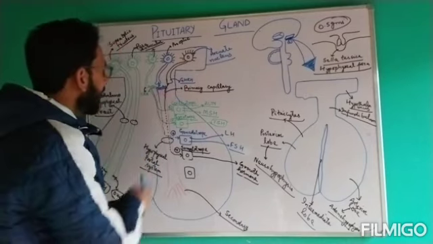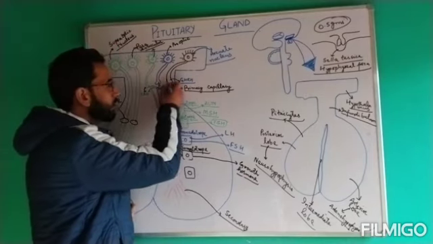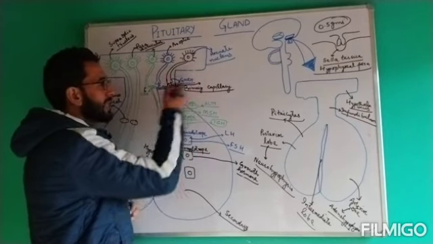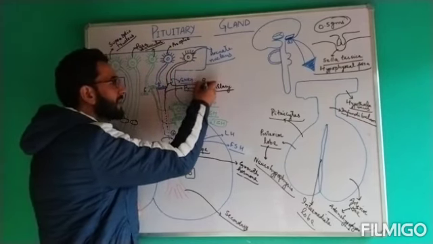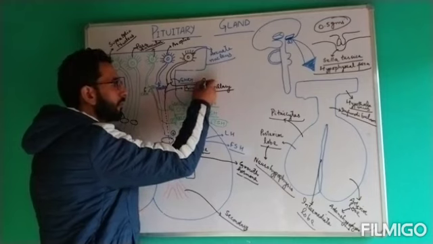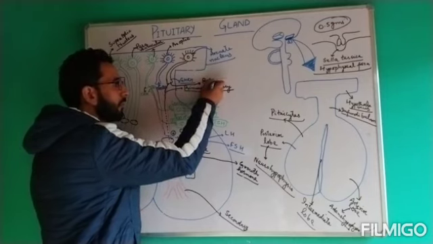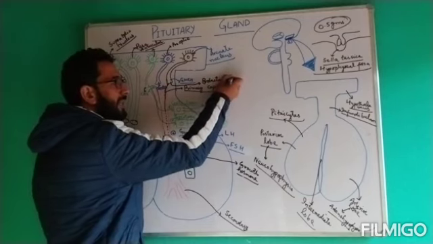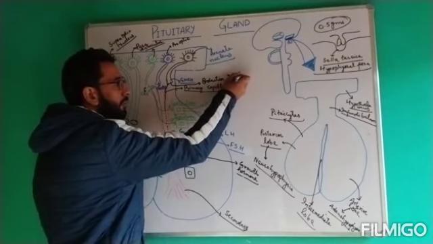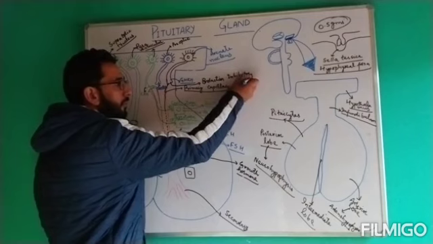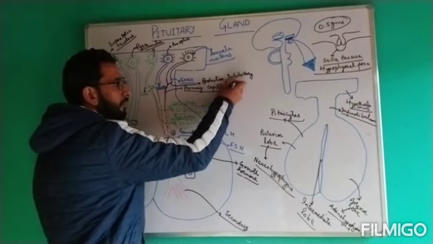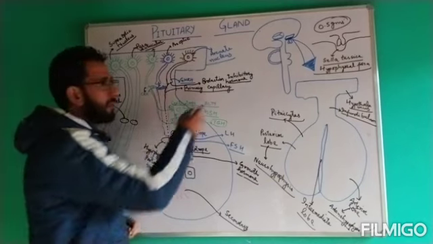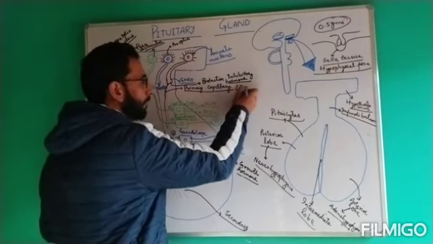Then the arcuate nucleus secretes one more hormone, called prolactin inhibitory hormone, which is commonly known as dopamine.